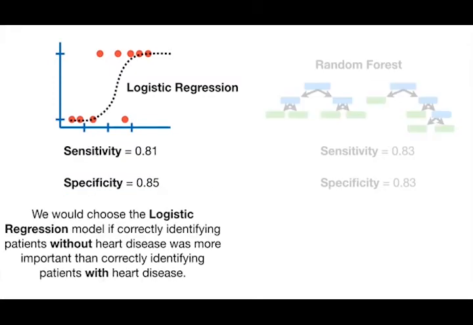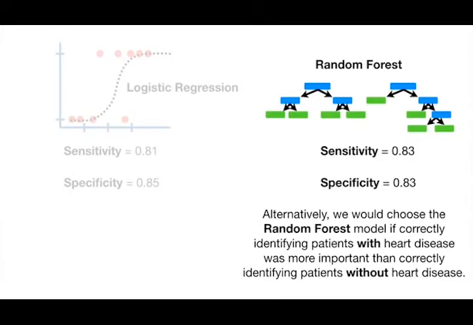We would choose the logistic regression model if correctly identifying patients without heart disease was more important than correctly identifying patients with heart disease. Alternatively, we would choose the random forest model if correctly identifying patients with heart disease was more important than correctly identifying patients without heart disease.